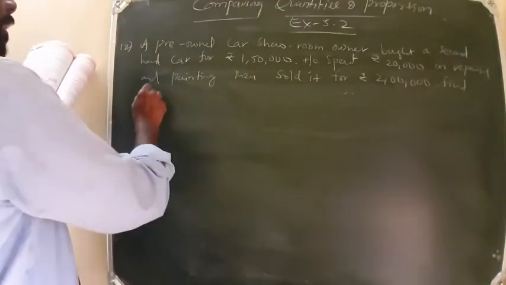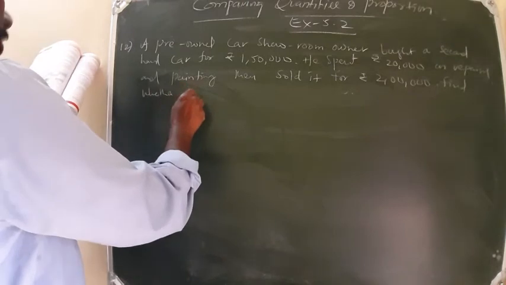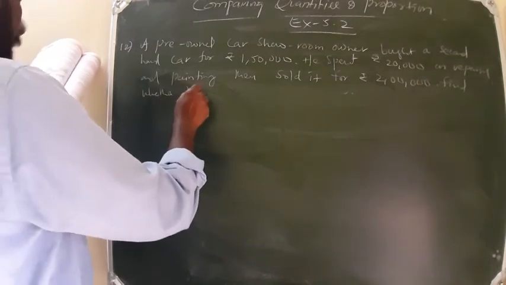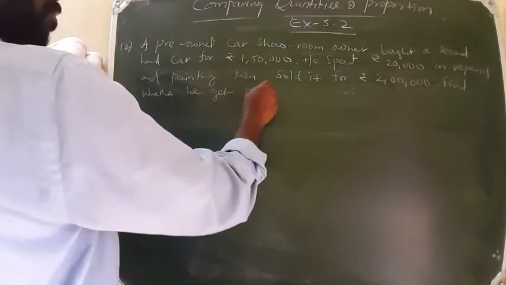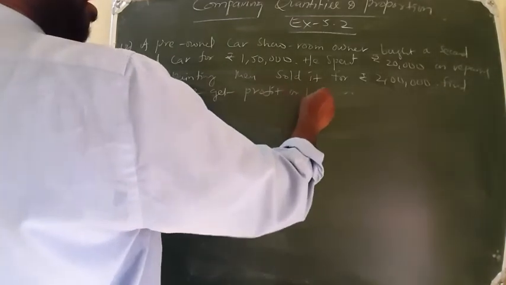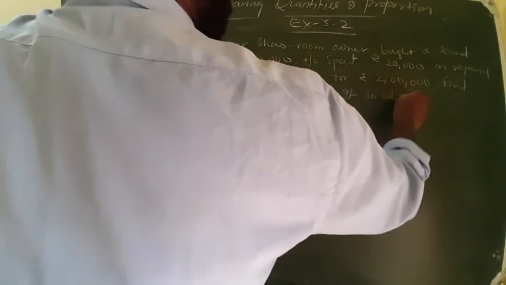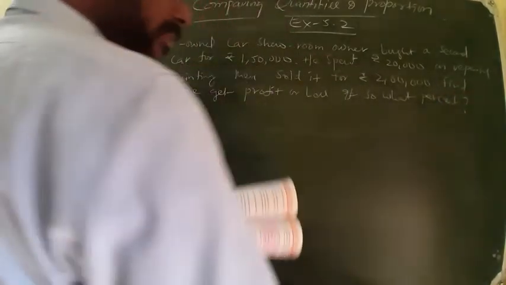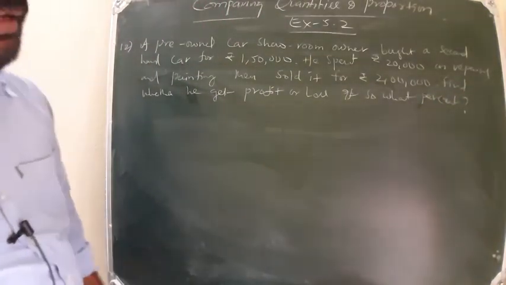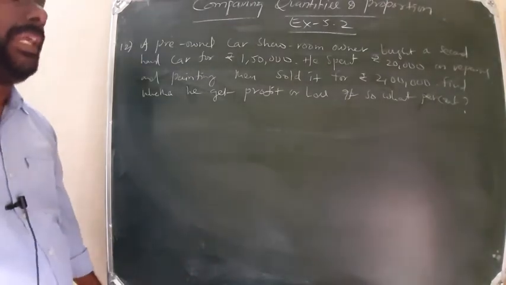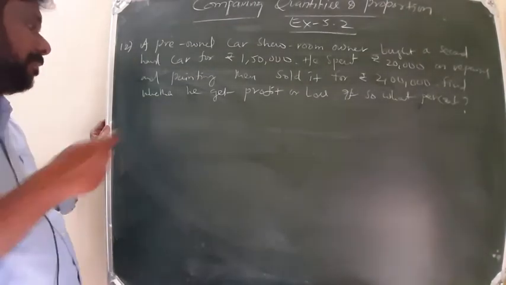Find whether he gets profit or loss, and if so, what percent. If he gets a profit, you have to find the profit percent. If he gets a loss, you have to find the loss percent.